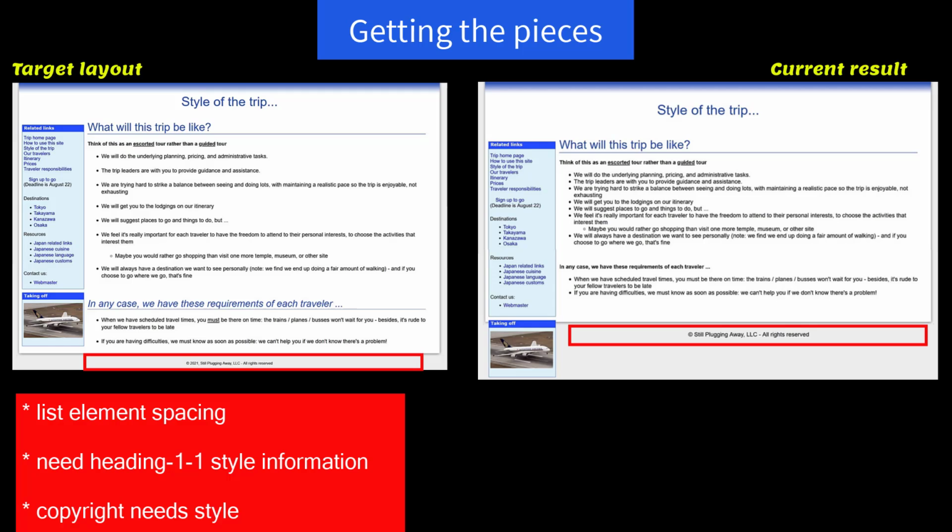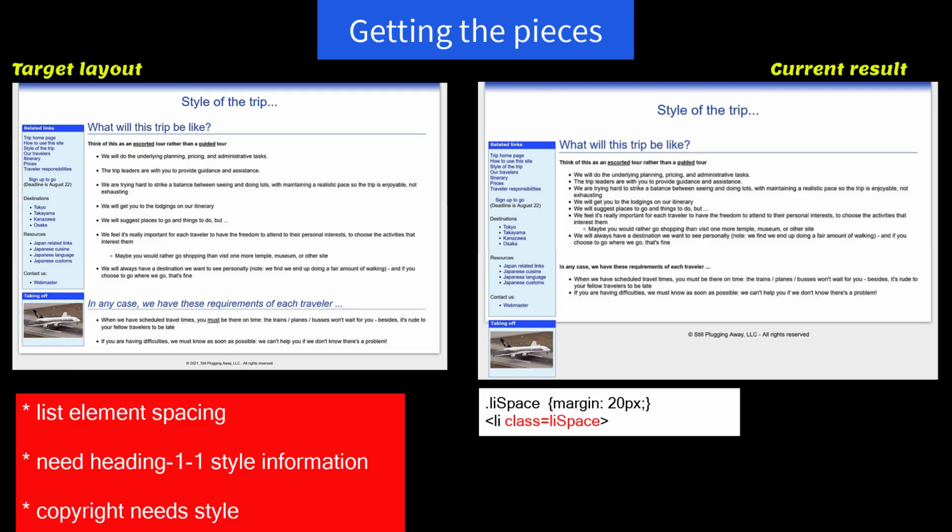For the spacing of the LI elements, set a class for LI elements to have more space above and below, such as .li space margin 20 pixels, and then add class equals LI space to each LI tag in the content column box. Notice I did not specify this as a rule for all LI elements because there are LI elements in the nav boxes part that we do not want to have this spacing.